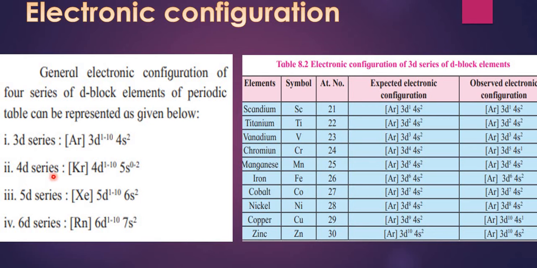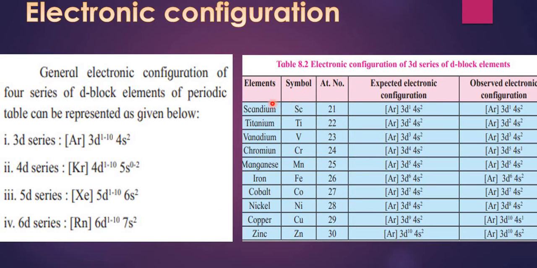The 4d electronic configuration would be krypton's, then 4d 1 to 10 electrons and 5s 0 to 2 electrons. The 5d electronic configuration would be xenon's electronic configuration, then 5d 1 to 10 electrons and 6s2. And in the 6d series you will have radon's electronic configuration, then 6d 1 to 10 electrons and 7s2.